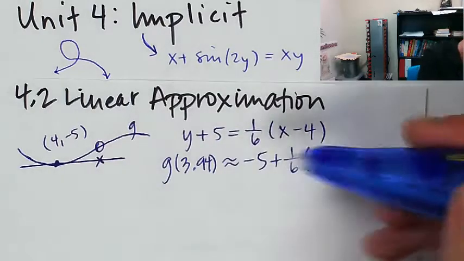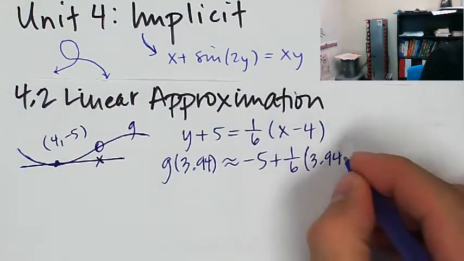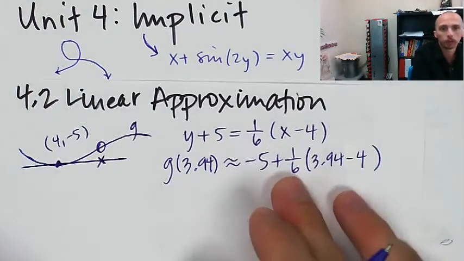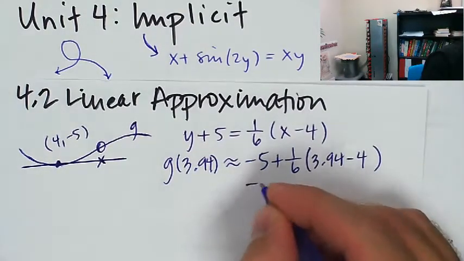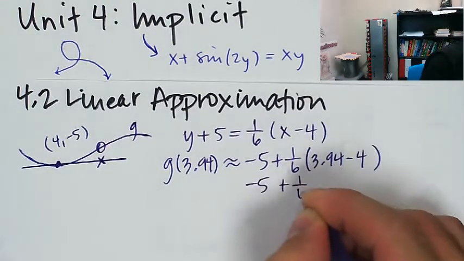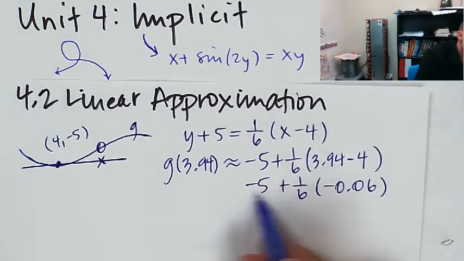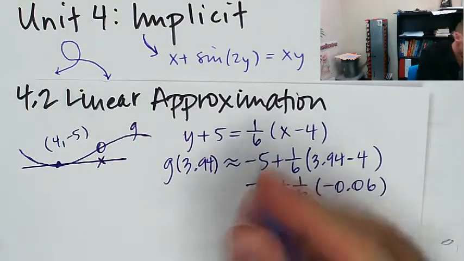And hold on, let me erase that. I needed a -4, right? So get that out of there, -4. Then I'm going to do some arithmetic. In a free response setting, this is a safe place to stop. But what's going to happen is -5 plus 1/6 of -0.06. So it'll be -5 minus 0.01, and that'll be -5.01.